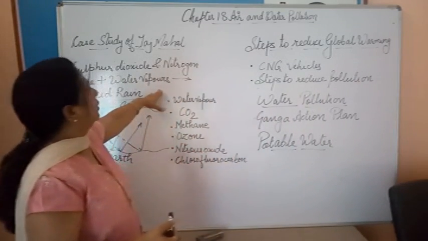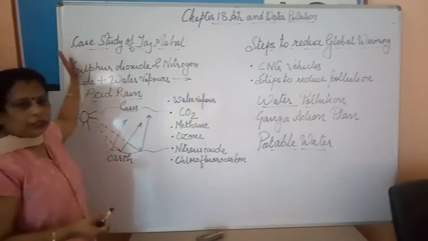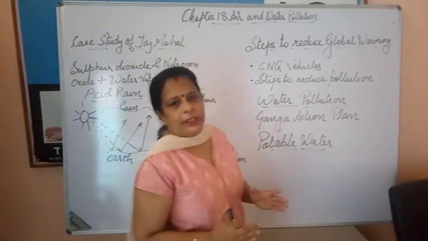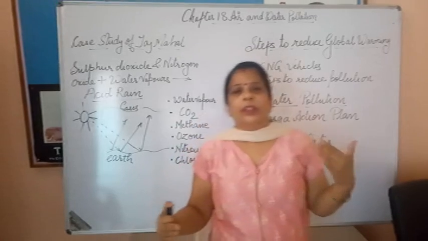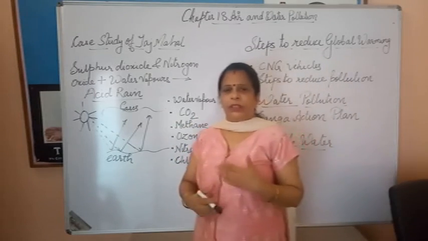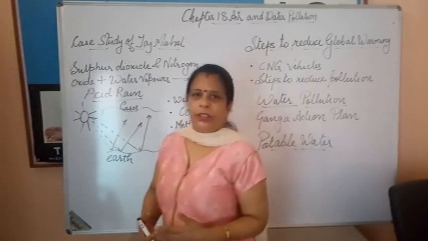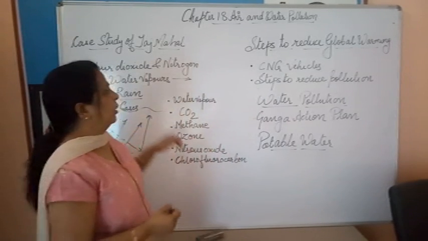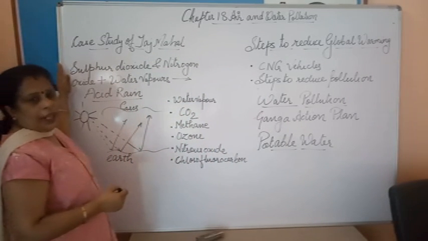This acid rain, when it is falling on the Taj Mahal, is eroding the white color. It is eroding the layer of the Taj Mahal. So as a result, what is happening? The color of the Taj Mahal is changing. It is changing from white to yellow, and this is also known as marble cancer.